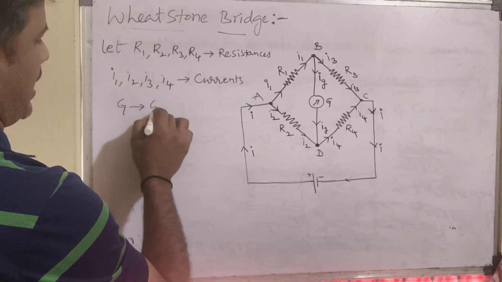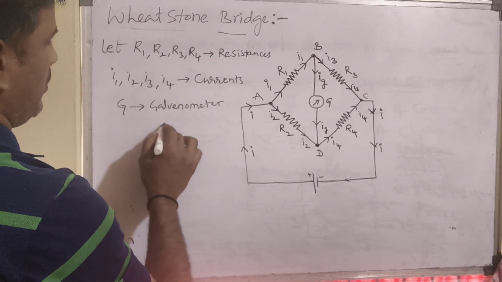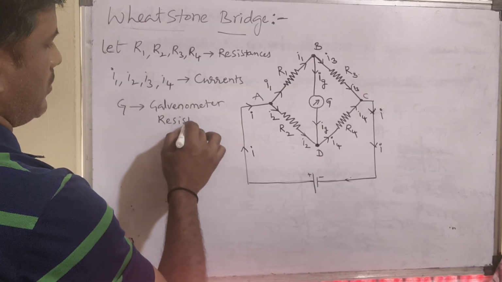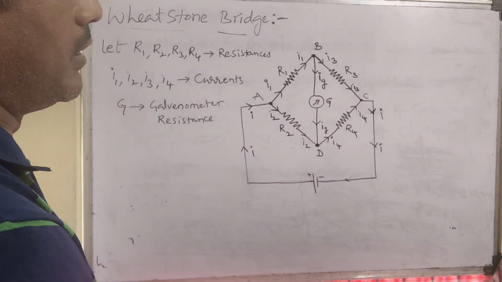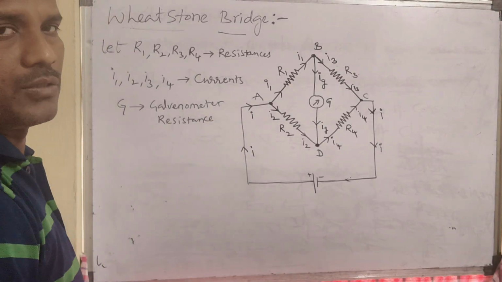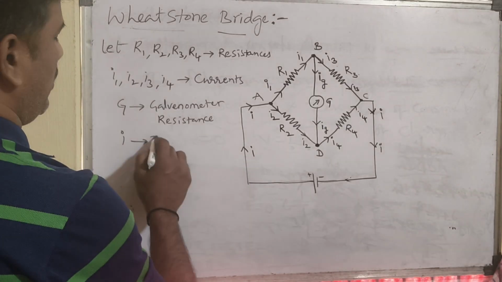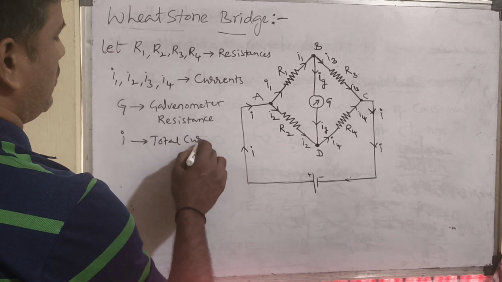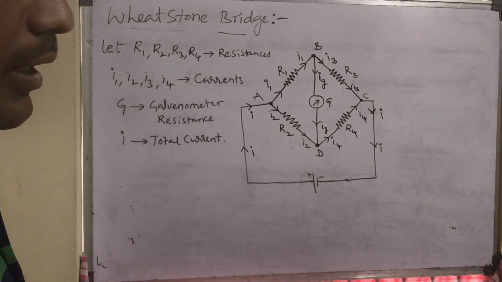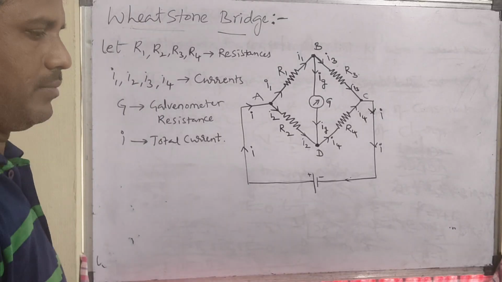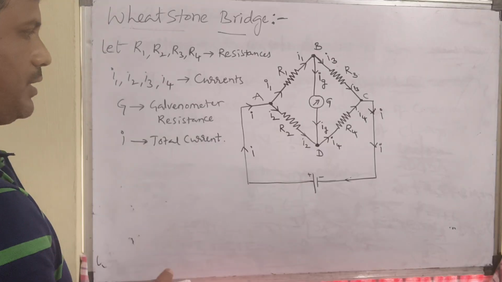Capital G is the galvanometer resistance. I means the total current. These are the assumed terms. Now apply Kirchhoff's law.